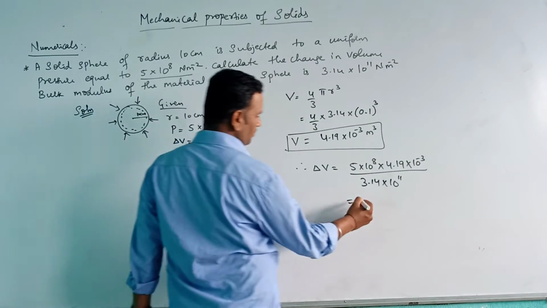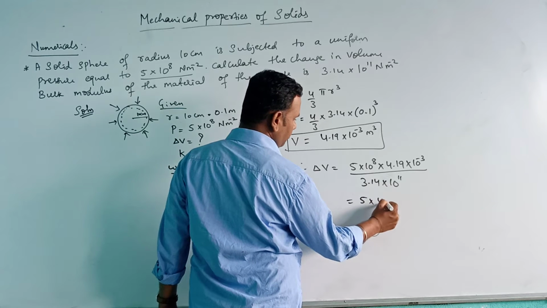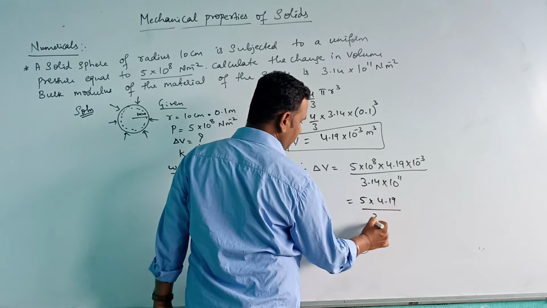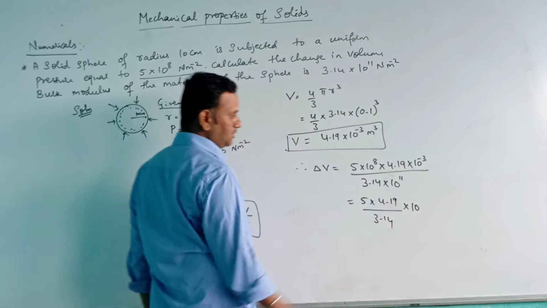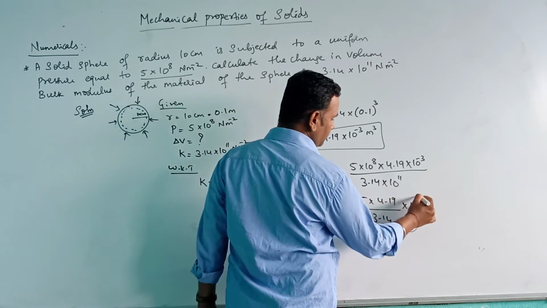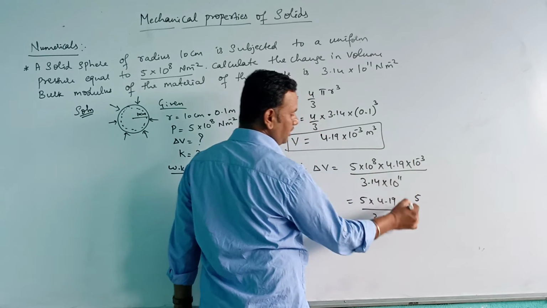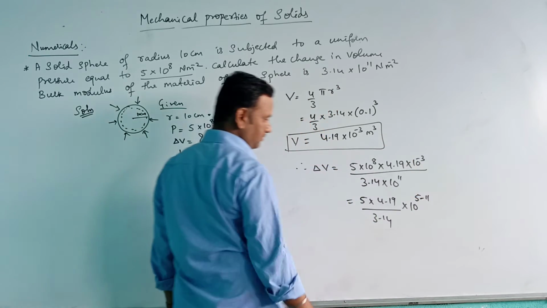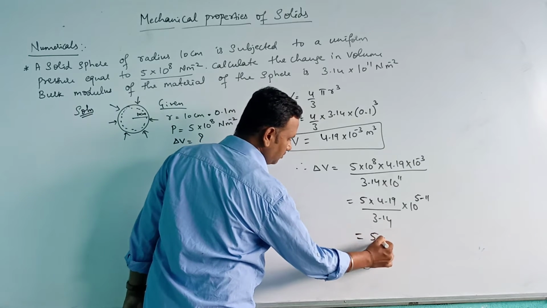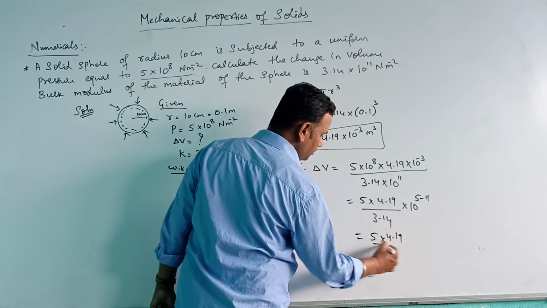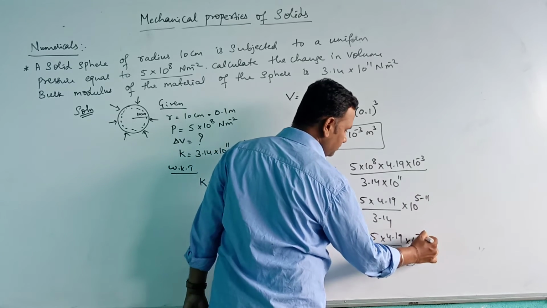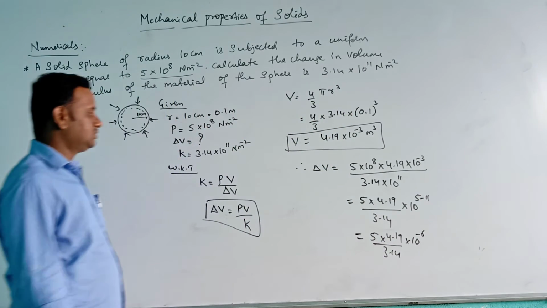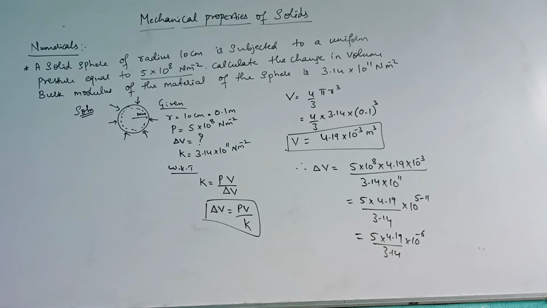So 5 into 4.19 divided by 3.14 into 10 to the power of 8 minus 3, that is 5, minus 11, that is minus 6.